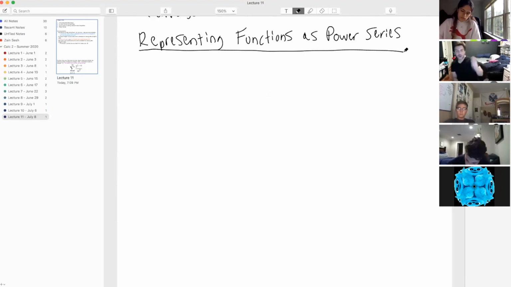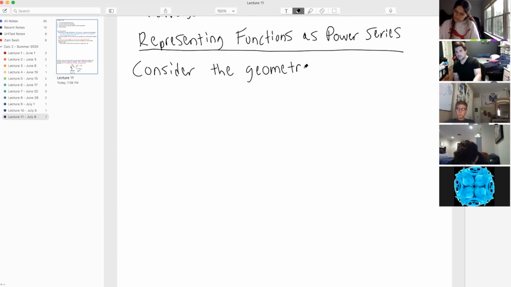Okay, so let's go back to the series x to the nth power. Let's consider the geometric series, the sum from n equals 0 to infinity of x to the nth power. We looked at this at the beginning of class.